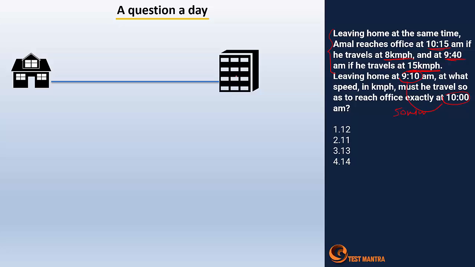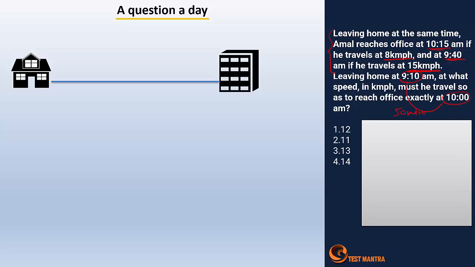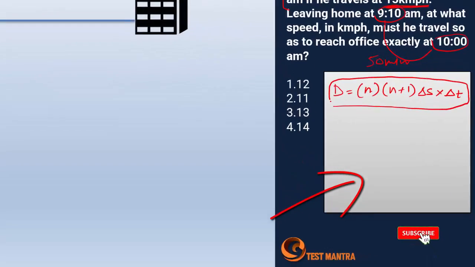There are a lot of variations to work on these, but let's talk about one of the important formats here. In this case, distance will always be n into n plus 1 into difference between the speeds into difference between the times taken. This is an important one which you need to keep in mind if you're solving these kinds of questions.